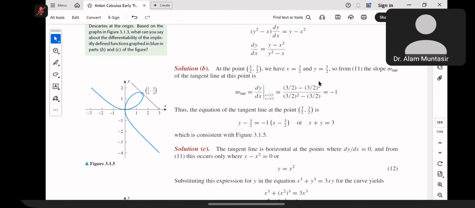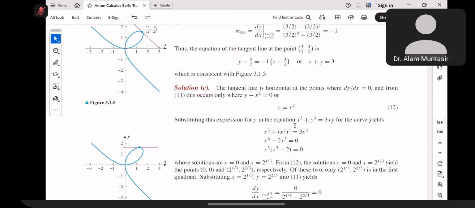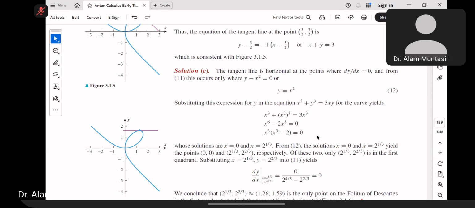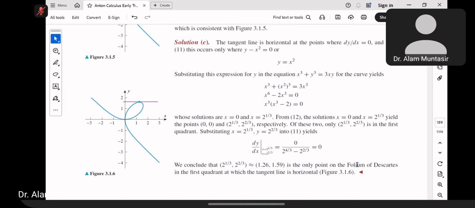So taking the derivative equal to 0 means taking (y^2 - x)/(y - x^2) = 0, and solving the equation, we get two x values. One is 0, another one is 2^(1/3). Substituting the x values into the function, we get the corresponding y values, and combining them together, we get the points where the slope is horizontal.